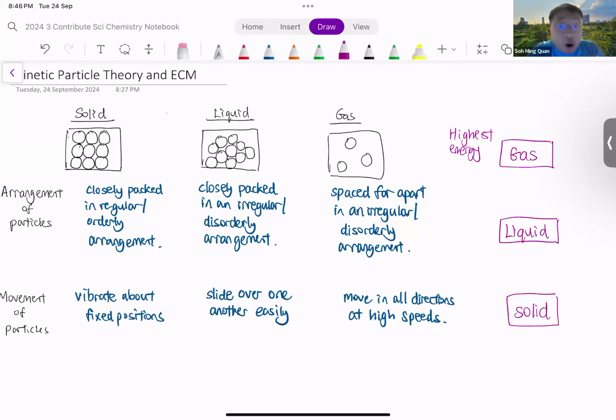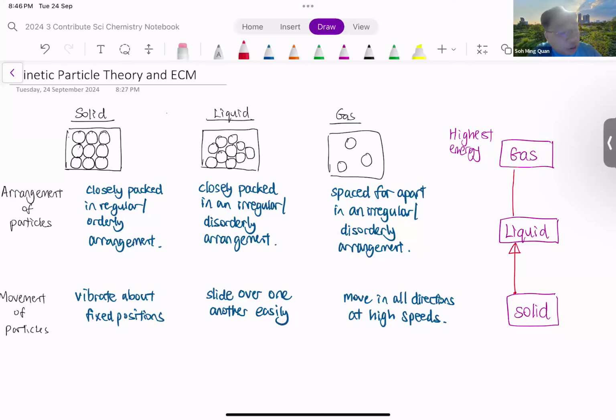And so now, moving on, now that we have seen the arrangement and movement of particles in solids, liquids, and gases, we know how to describe the arrangement and movement. Now let's look a bit deeper at the concept of energy. So as mentioned, in terms of energy, the gases have the highest energy. What this means is that as we go from solid to liquid, the energy goes up.